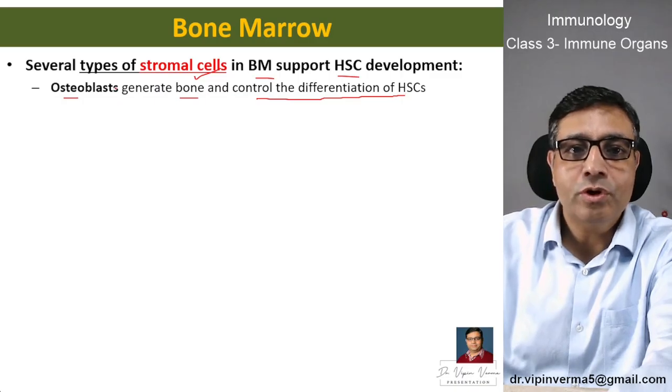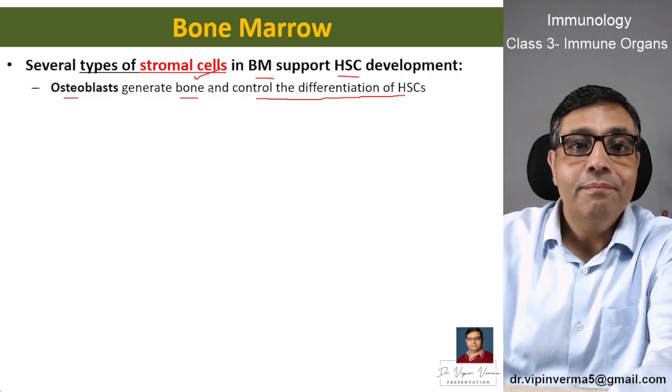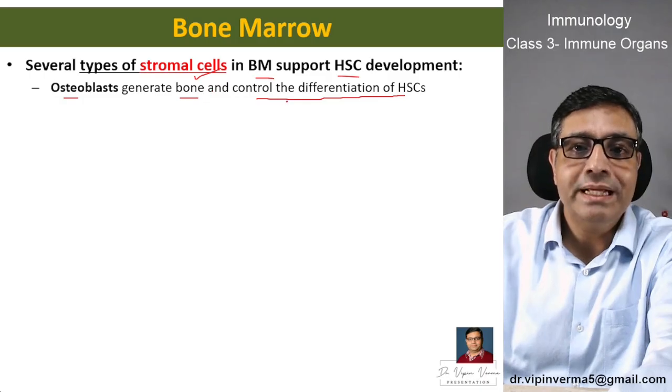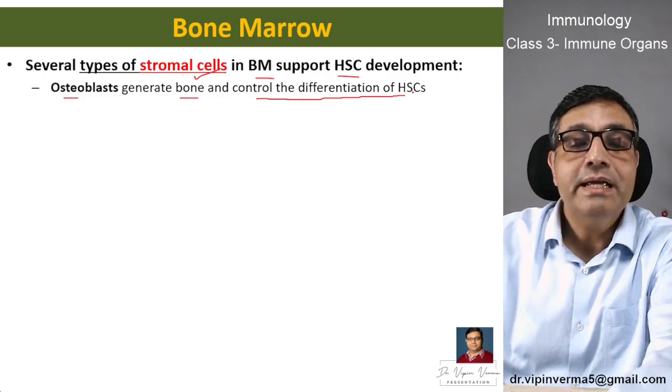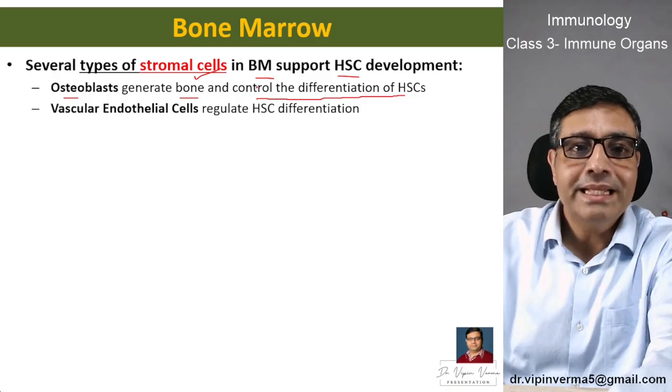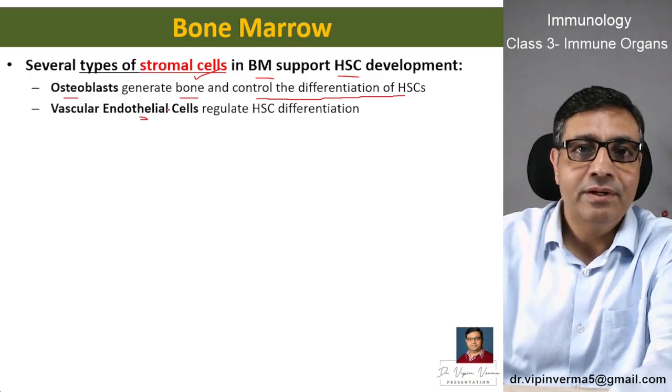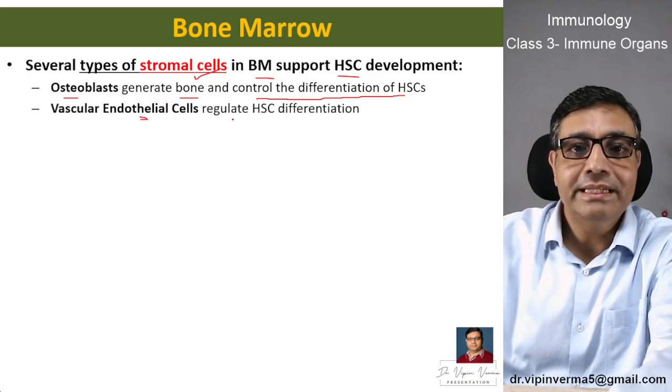So they are not only the mother cells for the bone, but they also control the differentiation of the hematopoietic stem cells. Then we have the vascular endothelial cells, which make up the lining of the blood vessels. They also regulate hematopoietic stem cell differentiation.